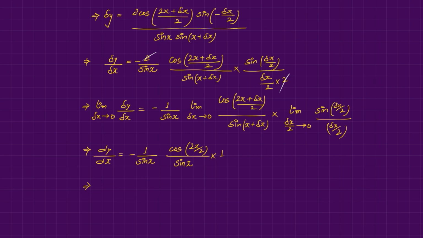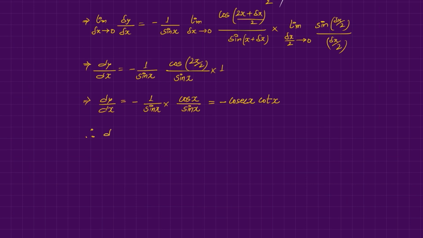So this implies dy over dx equals minus 1 by sine x into, if we simplify it, cos of x by sine of x. Now minus 1 by sine x can be written as cosec x, and cos x by sine x can be written as cot x.